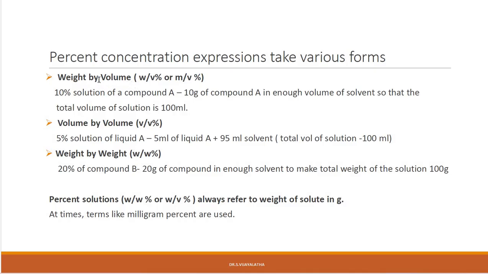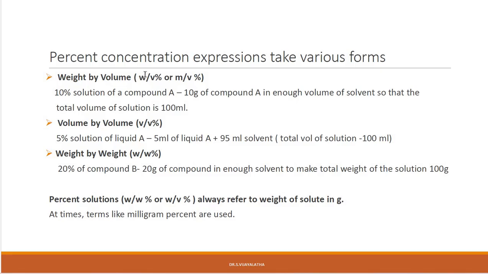So first we'll begin with weight by volume. Here the numerator stands for how we are going to take the solute. Here we are going to weigh the solute, and the denominator is regarding the solution. So we are going to measure the volume of the total solution. So 10% solution of a compound A, I have just put it as a compound A without naming the compound, because as we have seen earlier, irrespective of whatever be the compound, the method of preparation is going to remain the same.